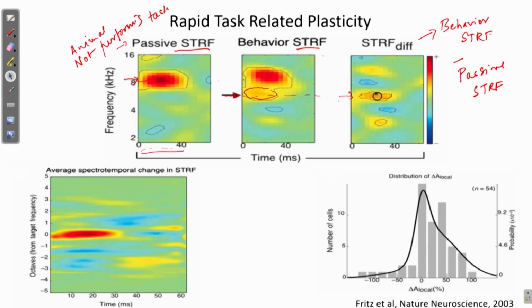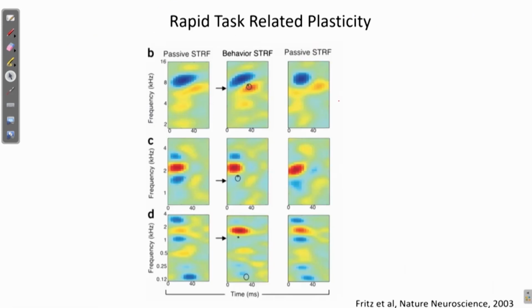Now, in different experiments, the animal was supposed to detect different frequencies. These are simply 3 different examples shown here. So it is not always exactly the same kind of result. There can sometimes be a suppression in the detected frequency, or an enhancement nearby.